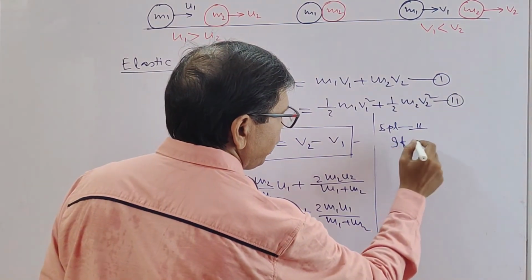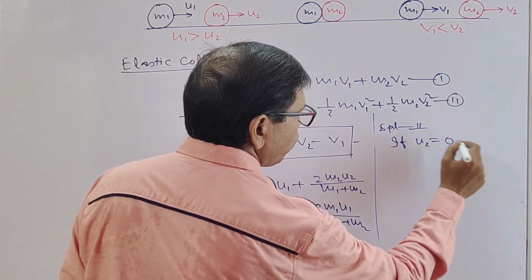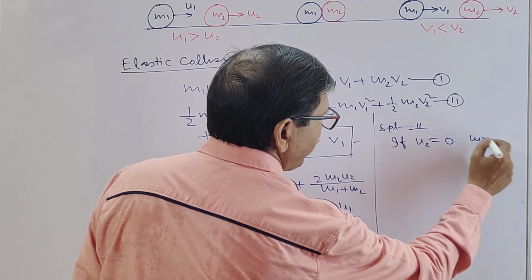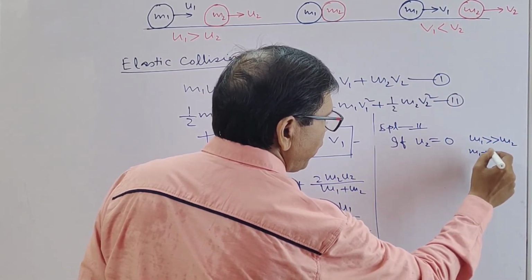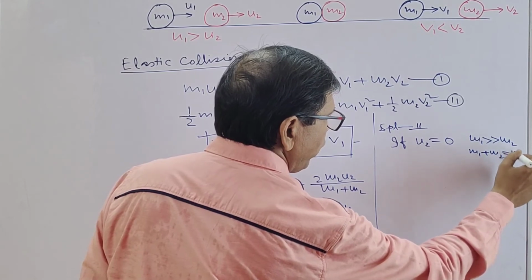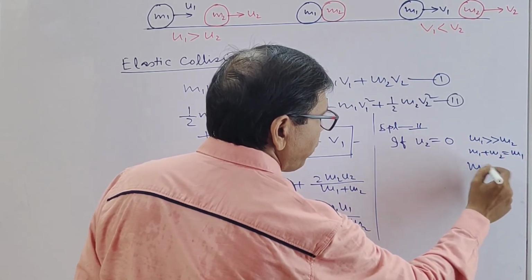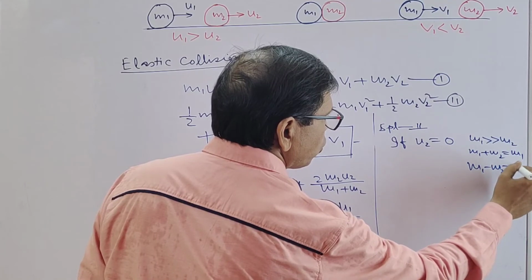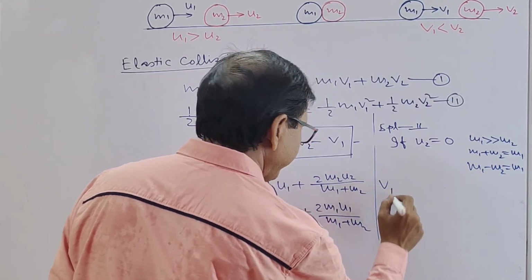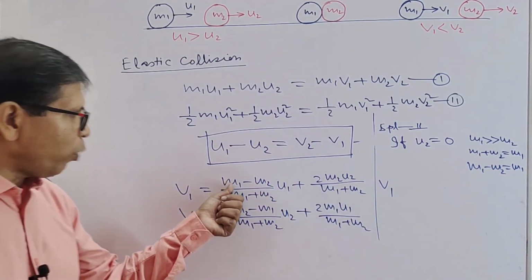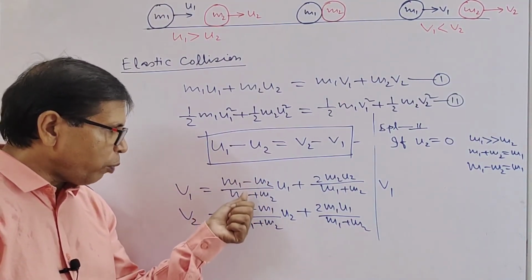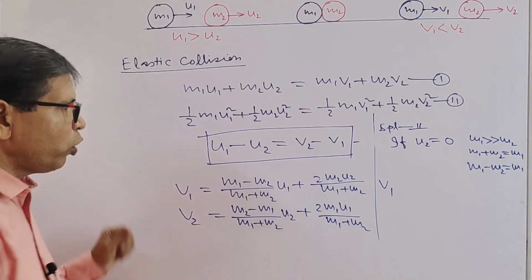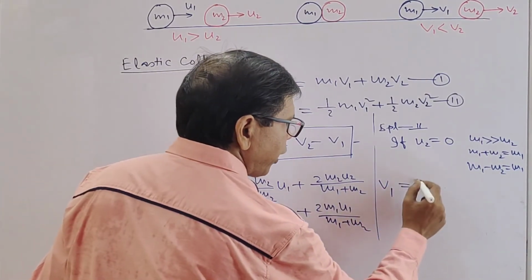Now special case 2. If u2 equal to 0 and m1 is greater than m2, then m1 plus m2 is approximately m1 and m1 minus m2 is also m1. So v1, (m1 minus m2) by (m1 plus m2), both m1 cancel out, so v1 is equal to u1.